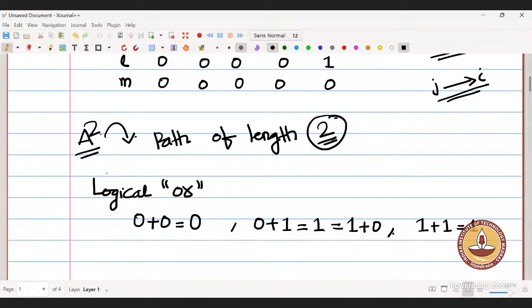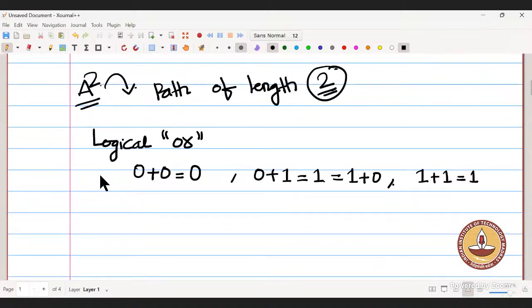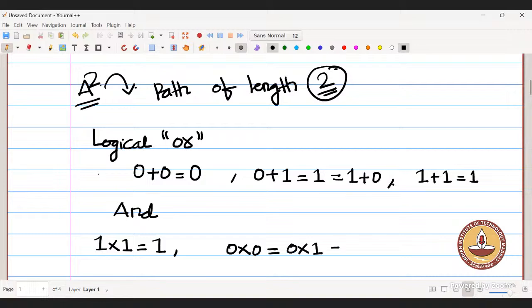As you can see, this operation is slightly different from our usual addition and multiplication, right? And similarly you have the AND: 1 cross 1 is 1, and 0 cross 0 is 0.